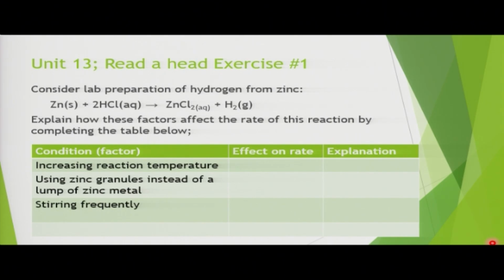So that is it for today. A quick recap. We've looked at the collision theory and said for the reactants to form products, the collisions between the reacting species must be effective. Not simply colliding, but the collisions must be effective.